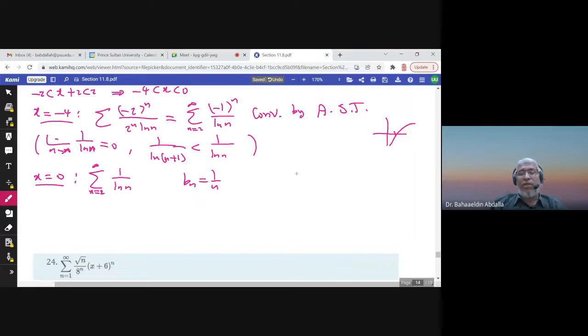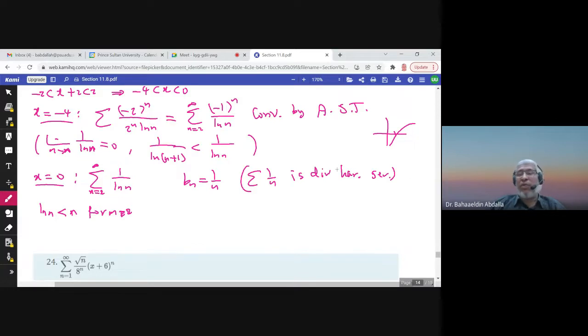I know that, of course, summation 1 over n is the divergent harmonic series. ln n is less than n for n greater than or equal to 2. ln 2 is less than 2. ln 3 is less than 3.